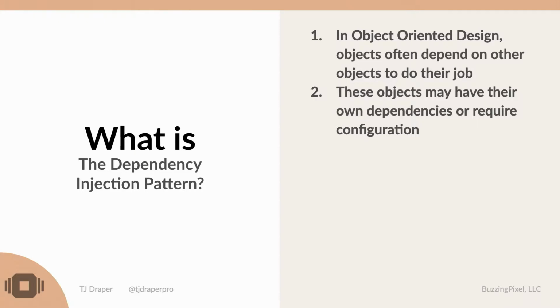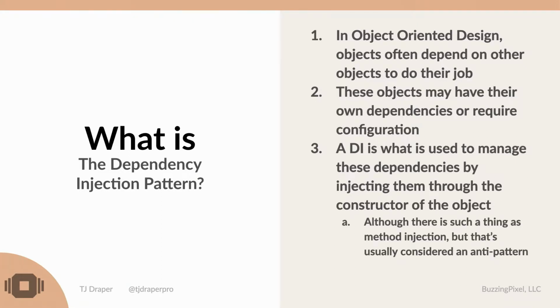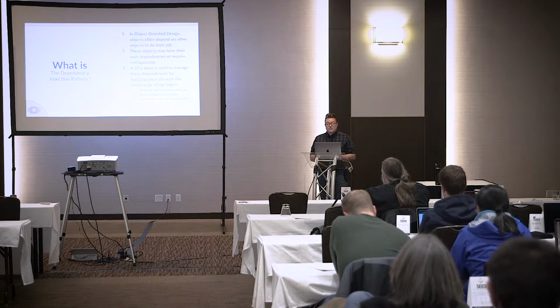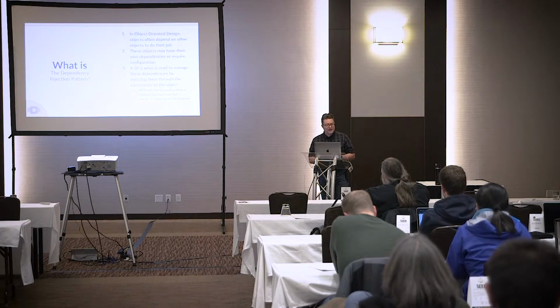And these classes may have their own dependencies or require configuration or some such thing like that. So a DI, or dependency injector, is what is used to manage these dependencies by injecting them through the constructor of that class. Although there is such a thing as method injection, where you could set dependencies as arguments of methods, but I would consider that an anti-pattern, and so I'm not really going to talk about it. But it is a thing that's out there, and if you start researching, you will find it.